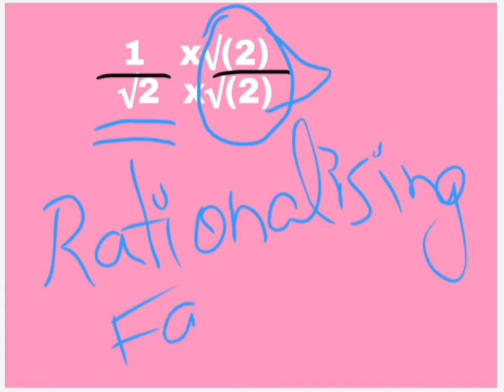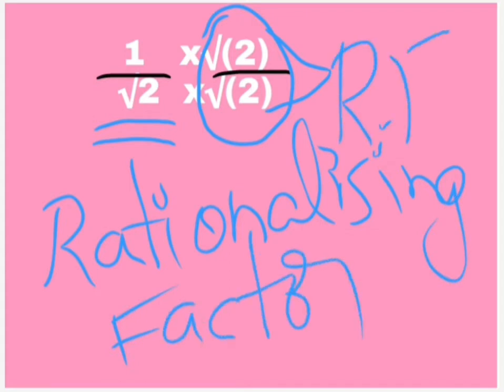Rationalizing factor, or in simple words, RF. The term which you are multiplying is the rationalizing factor. When we solve the question, in each and every problem, first we should write down our RF factor and later on follow the multiplication process.